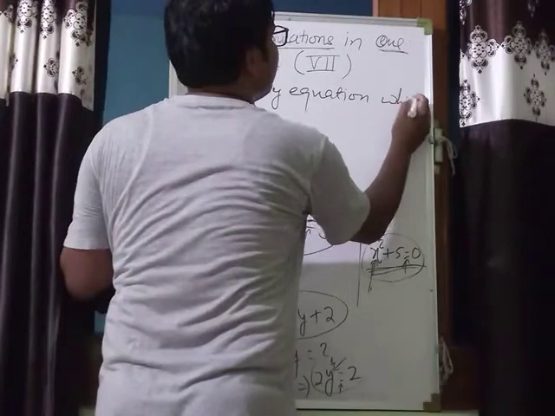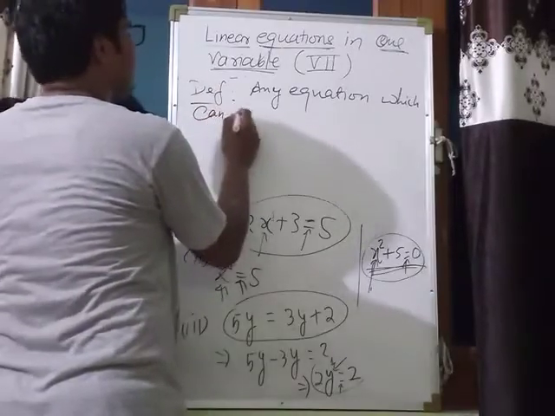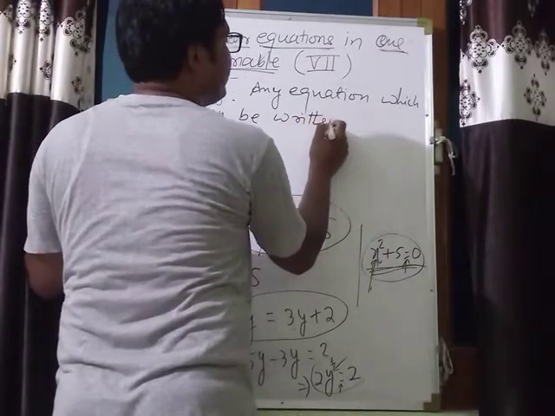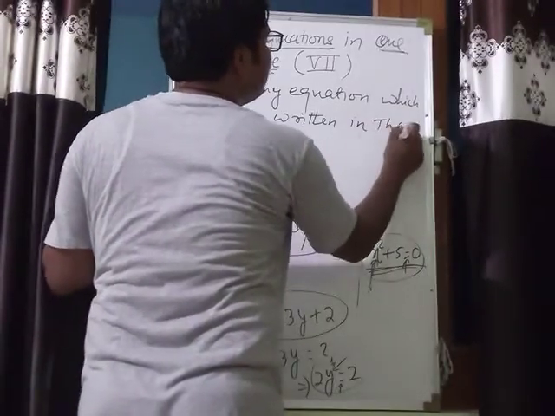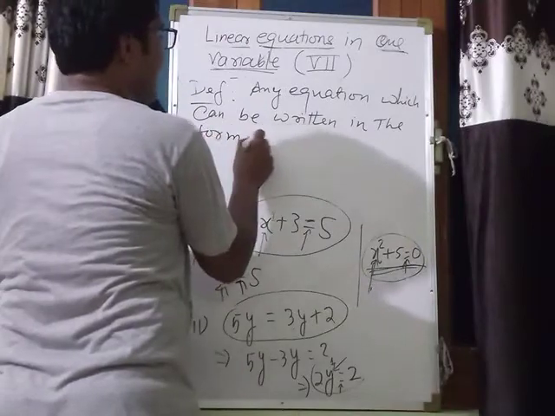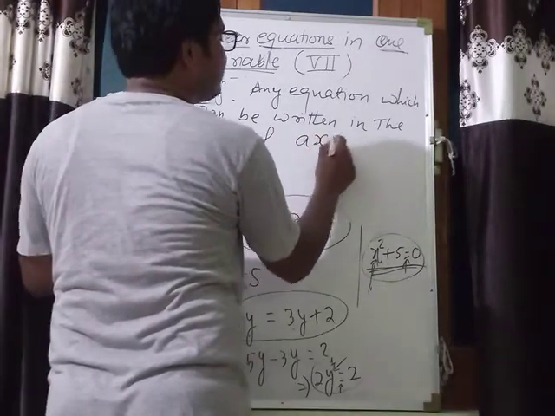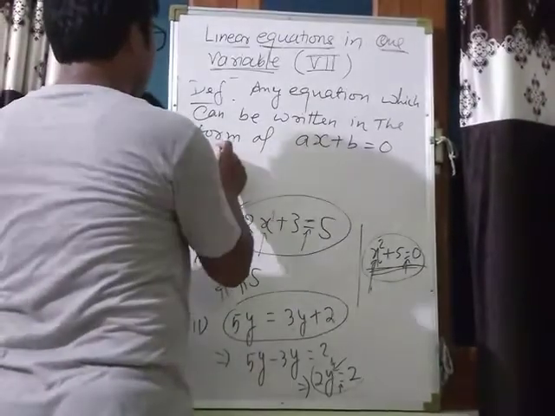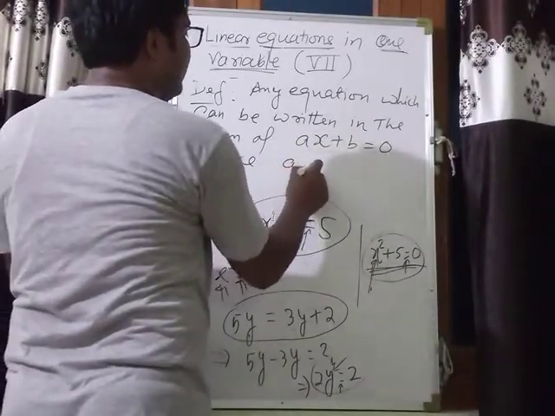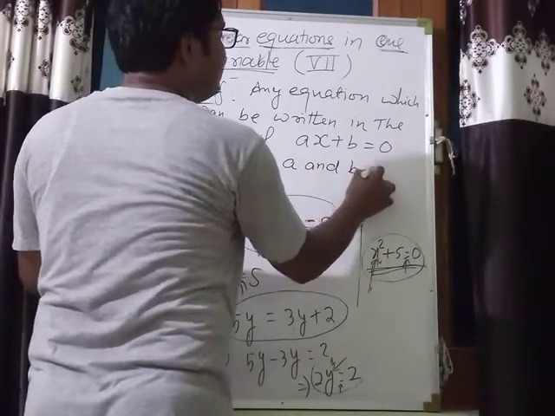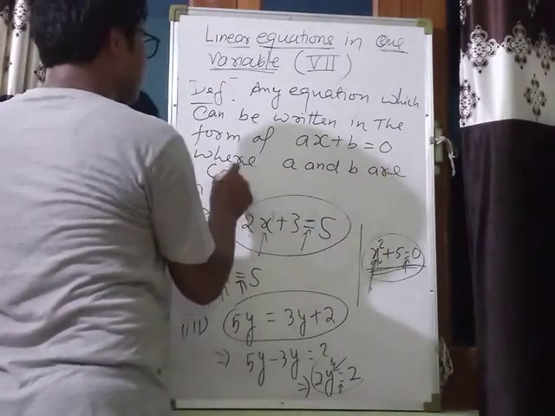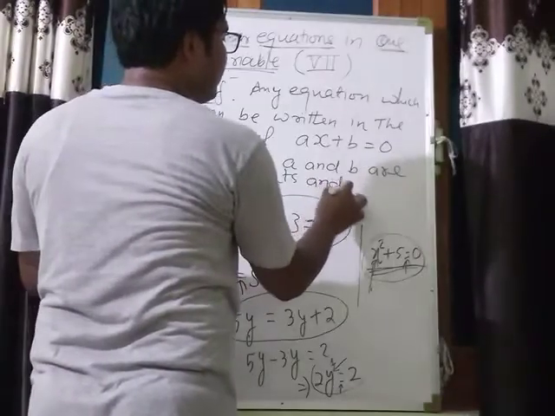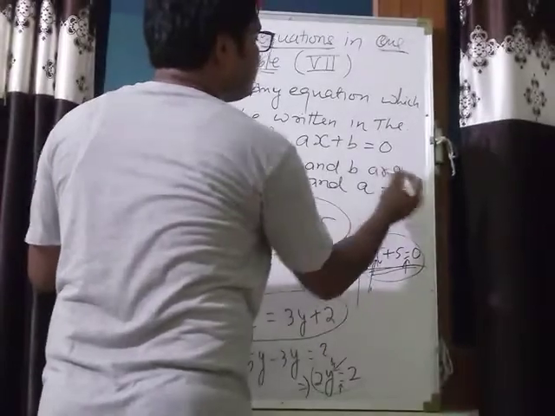Any equation which can be written in the form of ax plus b equal to 0, where a and b are constants, and a should not be equal to 0.